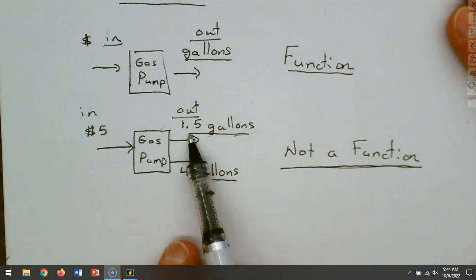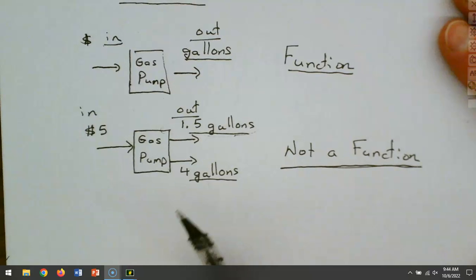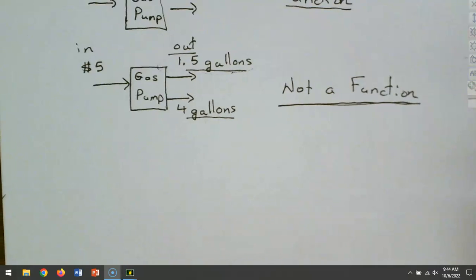The next person had better get the same amount out, right? If they get 4 gallons out, there's a mistake with the gasoline pump. So this is an example of something that is not a function, because one input cannot be separated to several outputs.